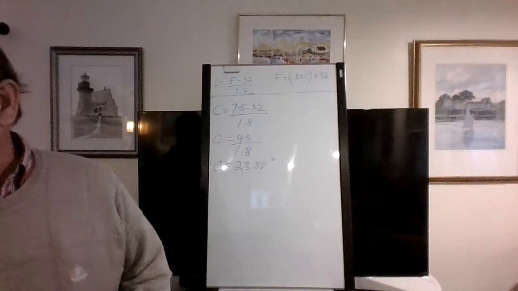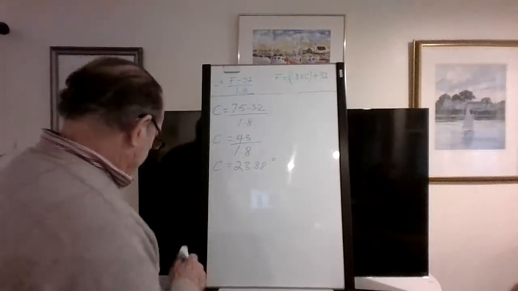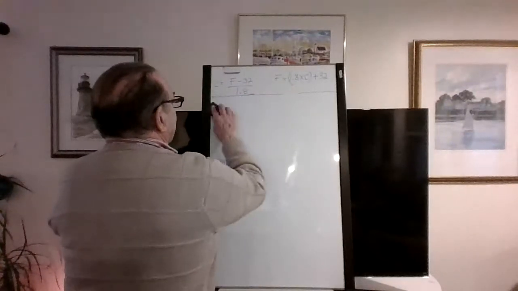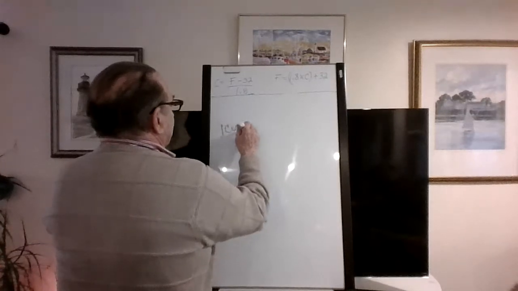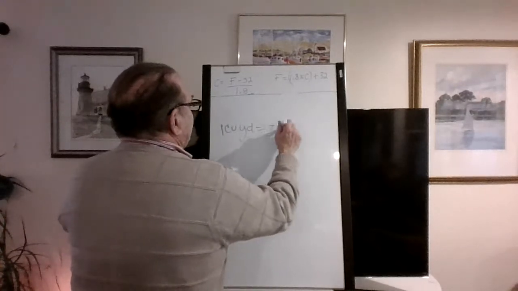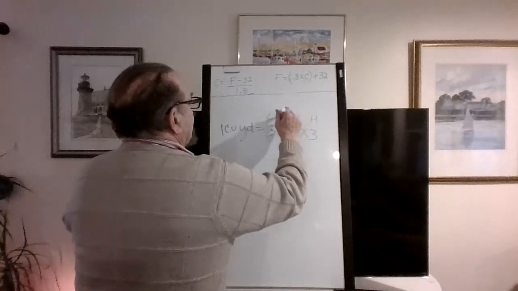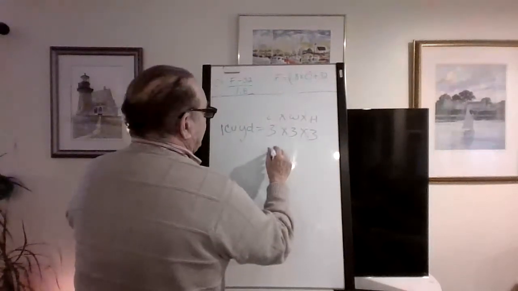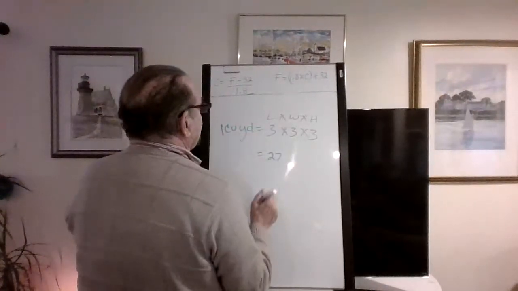I just want to do something for my own benefit here. Let's say we took a cubic yard, 3 by 3 by 3. So you got 3 times 3 is 9, times 3 equals 27, right?